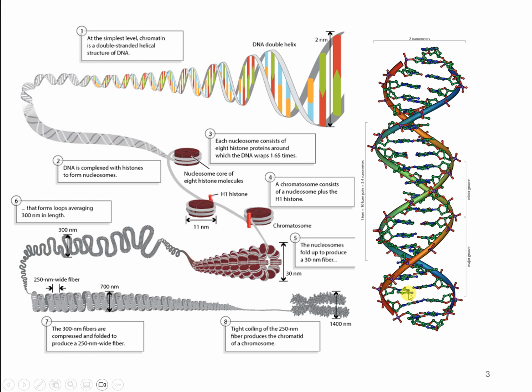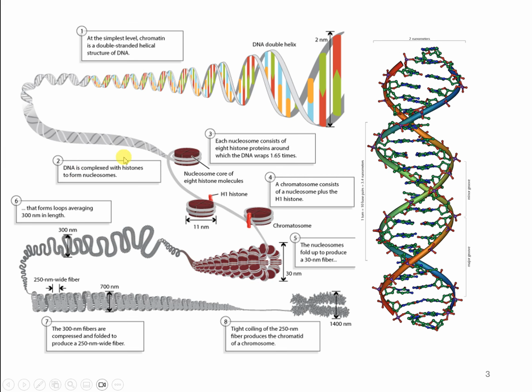Now from this molecule of DNA, which is the very initial level of organization, we will see how this simplest molecule of DNA, consisting of two DNA helices, organizes itself and makes a chromosome.